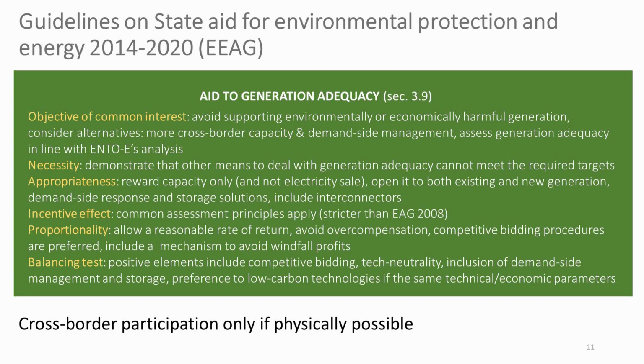This means that foreign generators can actually be excluded from the capacity mechanism if the state demonstrates that including them is not possible, either because there's no sufficient cross-border capacity, or it would not be able to sanction generators located abroad who fail to deliver this capacity.